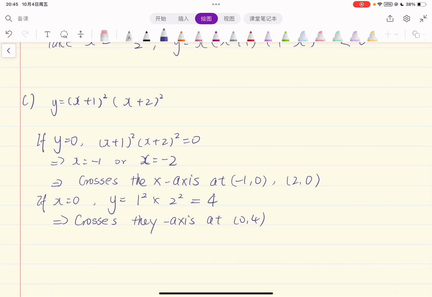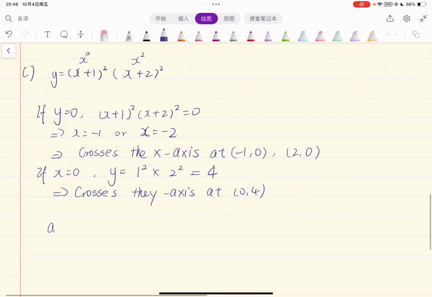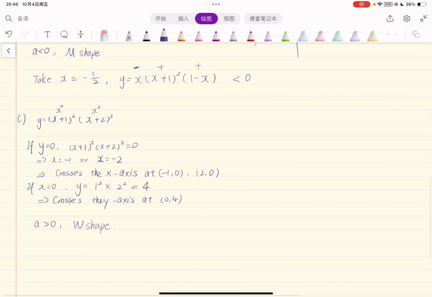Here, the highest degree we get is x squared, and there is another x squared, so we have a positive coefficient of x to the power of 4. So a is greater than 0, which means the curve has a W shape. Now we can sketch the curve. We know it crosses the x-axis at minus 1, 0.